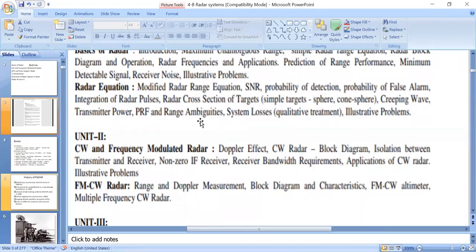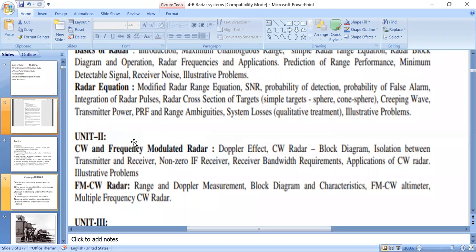Okay. In continuous wave radars, we have two types. First one is unmodulated continuous wave radar or Doppler radar. Whereas in pulse radar, we also have two types. First one is basic pulse radar, which is used to measure only stationary targets.